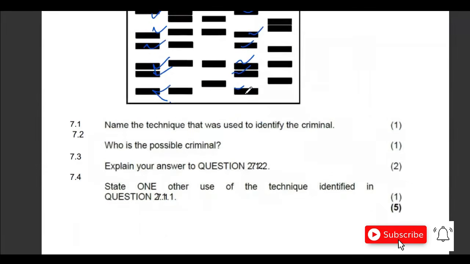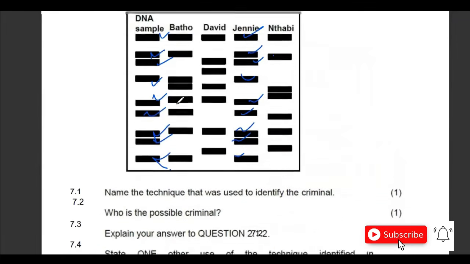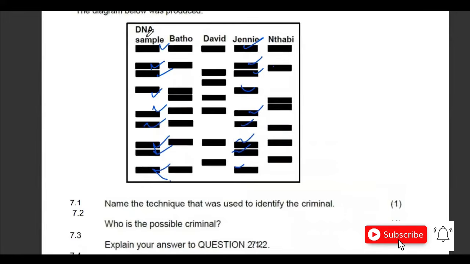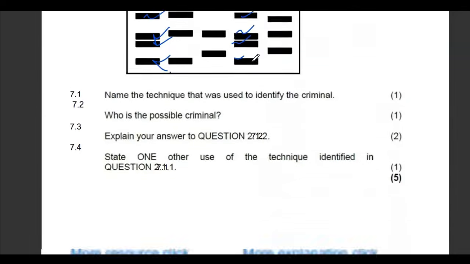We have seen it is Jenny, because the DNA profile of the sample, the bands of the DNA sample profile, are matching with that of Jenny.